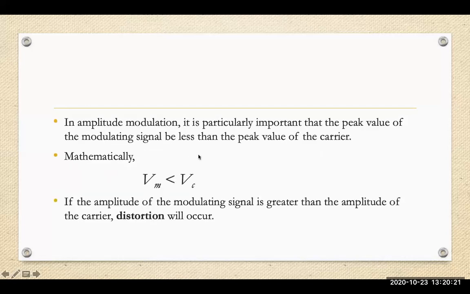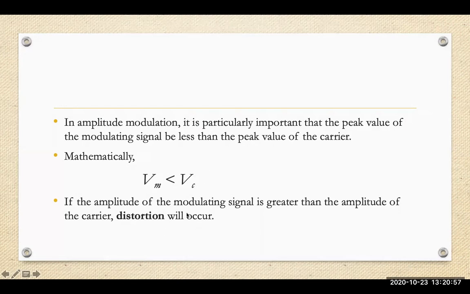Okay, so in amplitude modulation, and to give you a background, it is important that the peak value of the modulating signal should be less than the peak value of the carrier. So, mas mataas yung carrier mo, peak value ng carrier mo, compared dun sa peak value ng modulating signal. So, ano bang mangyayari kapag mas mataas yung modulating signal mo compared dun sa carrier signal?